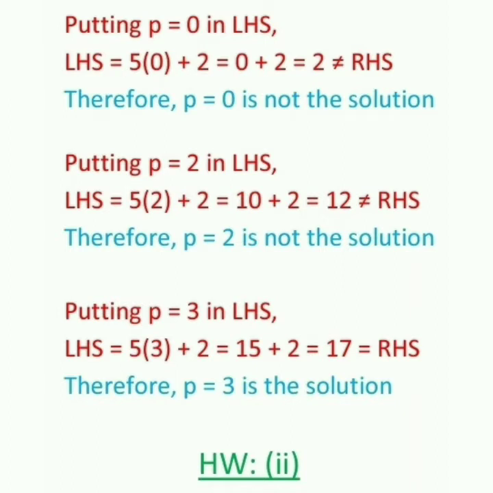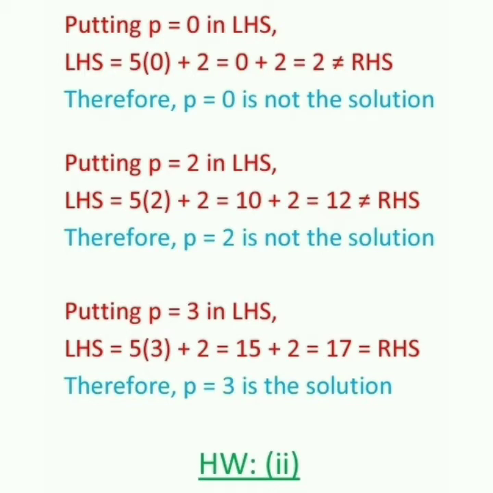Now, putting p is equal to 0, left hand side is equal to 5 into 0 plus 2, is equal to 0 plus 2, is equal to 2, is not equal to right hand side. Therefore, p is equal to 0 is not the solution. Now, putting p is equal to 2, left hand side is equal to 5 into 2 plus 2, is equal to 10 plus 2, is equal to 12, is not equal to right hand side.